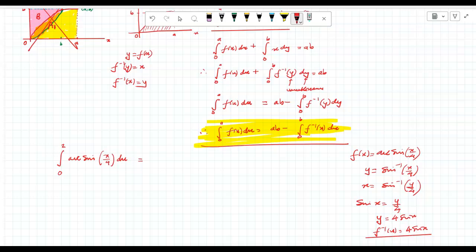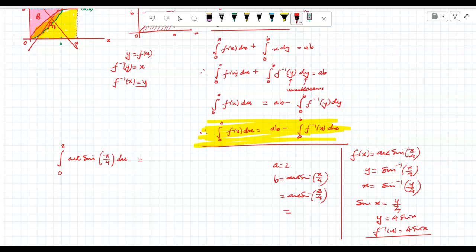Now to recognize your A and B. This is my A. What is my A? 2. B is the corresponding y value of arc sine x by 4, that is arc sine of 2 by 4, arc sine half.